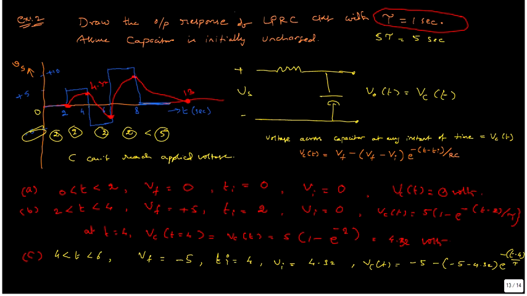From this you can calculate, at the end of this duration, Vc at t = 6, which is minus 5, minus into minus becomes plus, 9.32 into e power minus 2. So this will be around minus 3.14, something like that. The value is not exact, you can calculate it using a calculator.